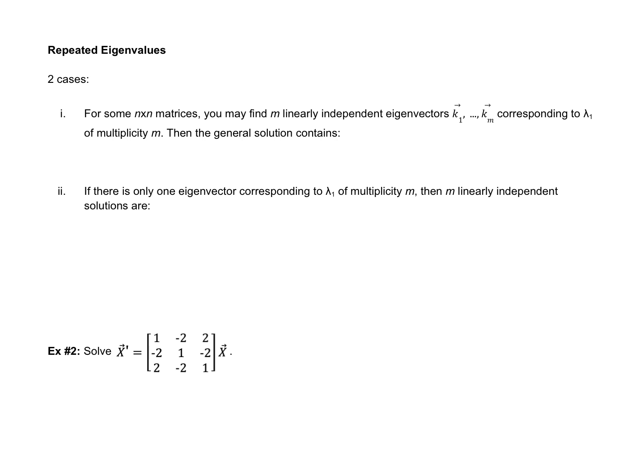First one, for some n by n matrices, we might find m linearly independent eigenvectors k1 to km corresponding to just one eigenvalue of multiplicity m.